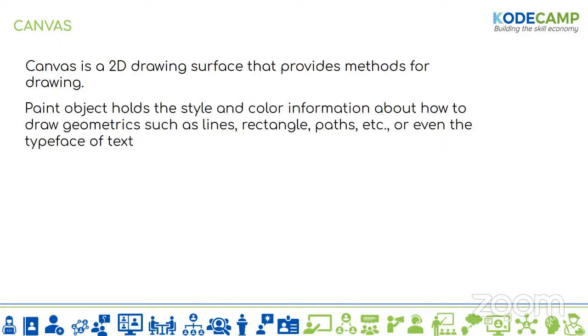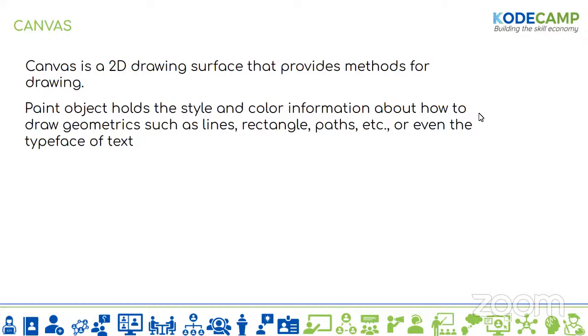The paint object defines the color, the style, and the font of each shape that you draw. It holds the style and color information about how to draw lines, rectangles, arcs, or even the typeface of a text.